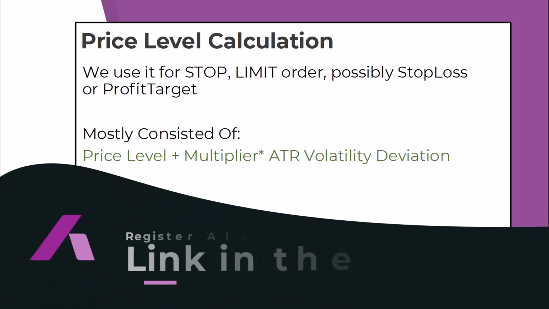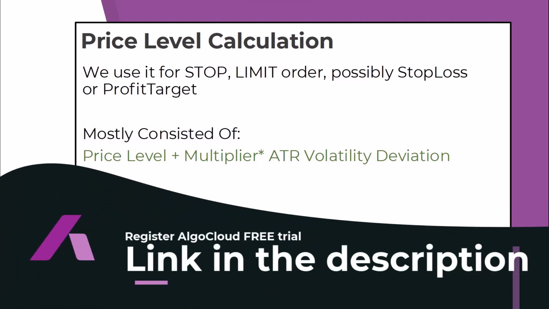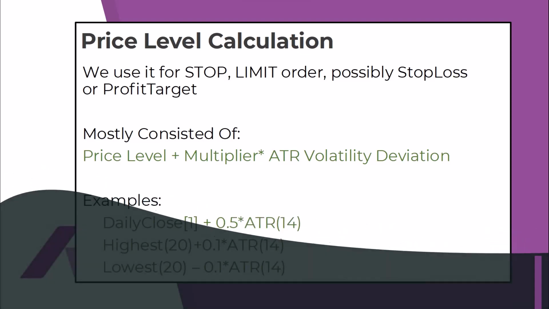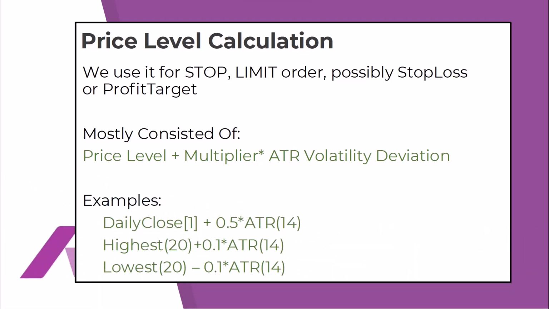There is a kind of standard way to calculate price levels for the strategies we are creating here, and that goes most of the time, not every time, but most of the time like this. Price level, so indicator or price, plus multiplier multiplied by ATR, volatility deviation.